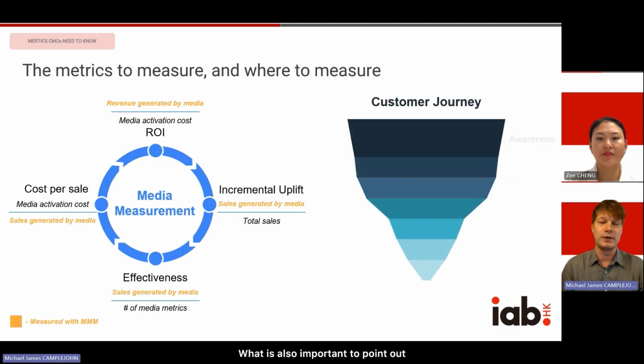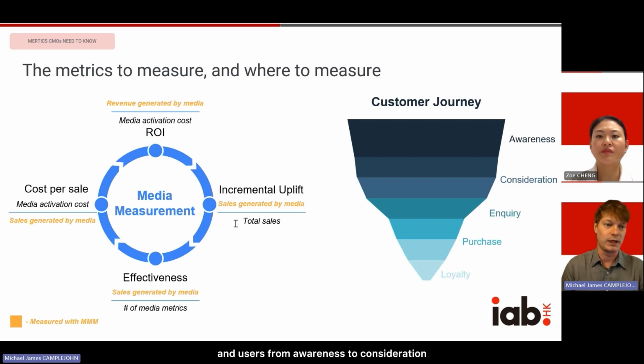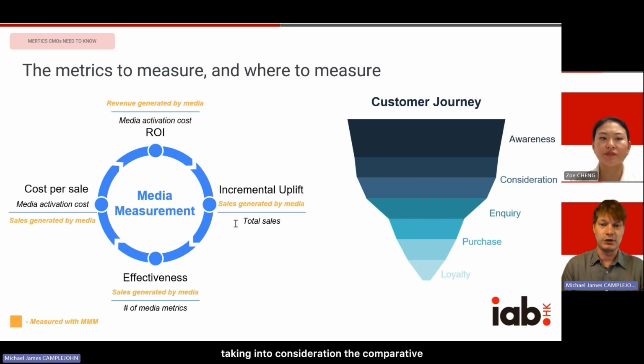What is also important to point out is that the metrics need to be measured, and we need to understand the role of media across the customer journey and how it is driving change in consumers and users, from awareness to consideration, inquiry, purchase, and into loyalty. Having a holistic approach to measurement is fundamental for making informed decisions, taking into consideration the comparative strength of all media channels across the funnel.